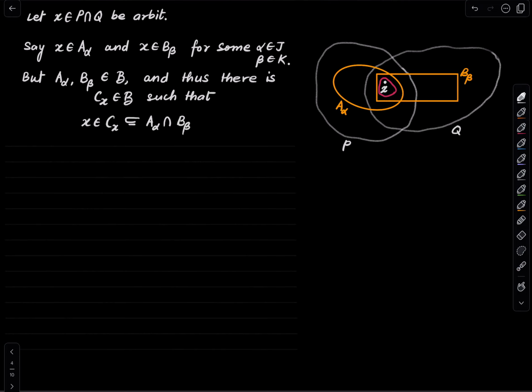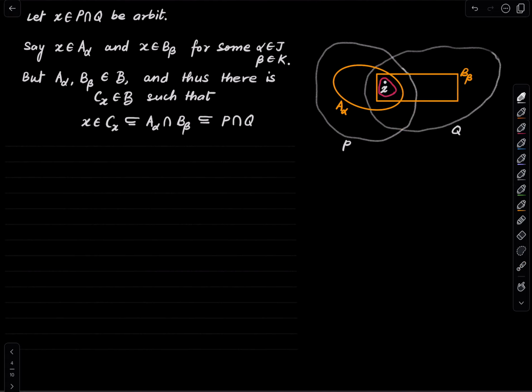But this is clearly contained in P intersection Q. Why? Because A alpha is contained in P and B beta is contained in Q. So we have shown that around x there is a basis element which is contained in P intersection Q. This is there for every x.